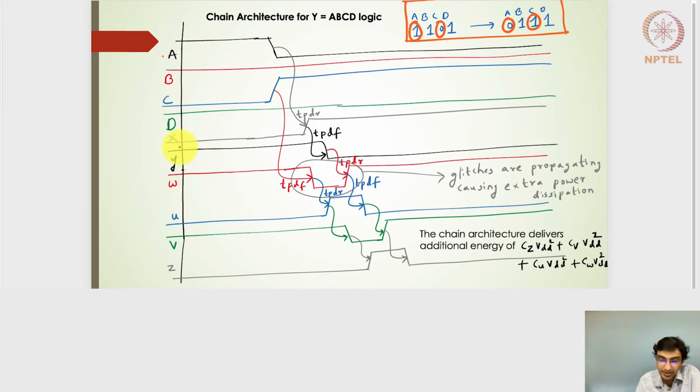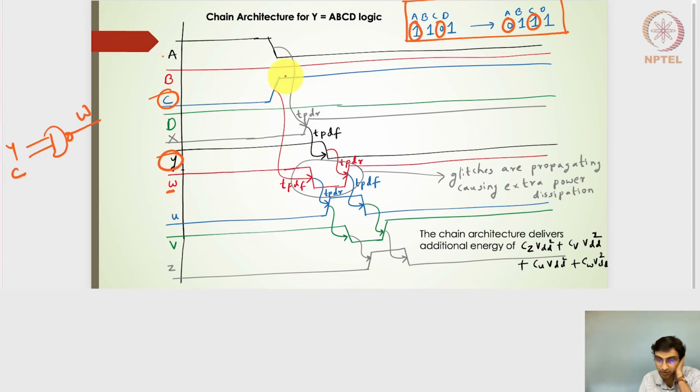W is nothing but the two input NAND gate of Y and C. This is a little bit interesting here. When C is low and Y is high, the output should be high, and that's what it does.